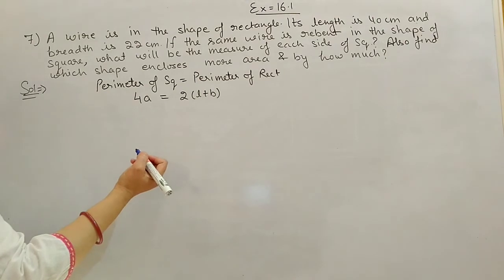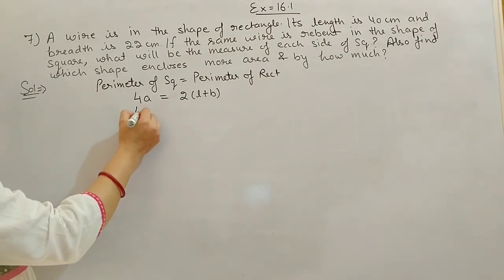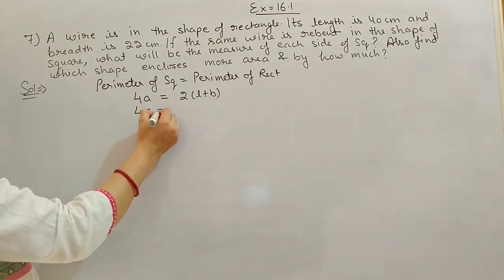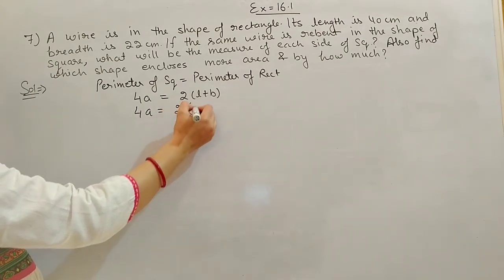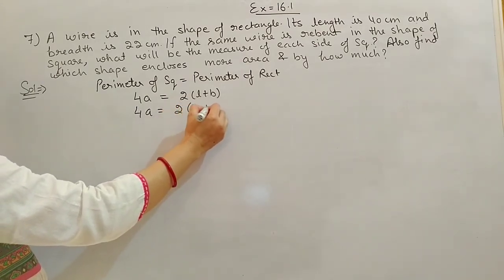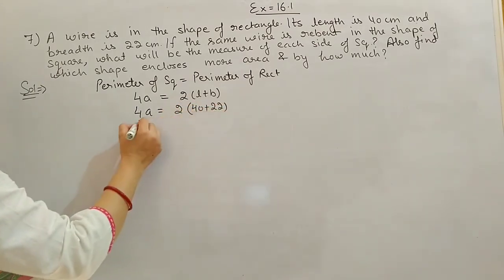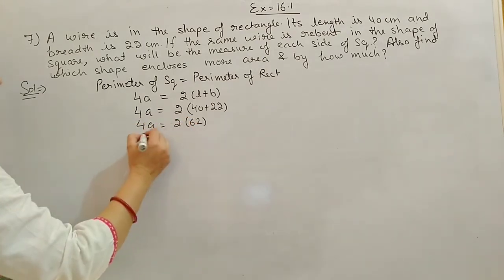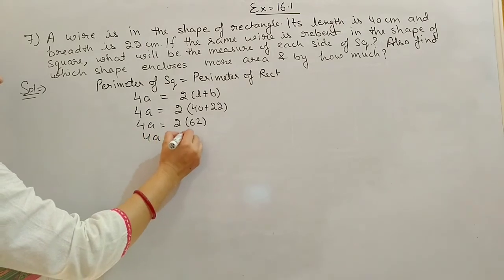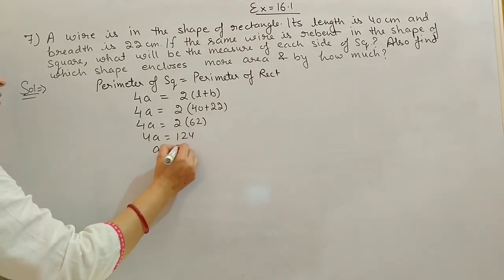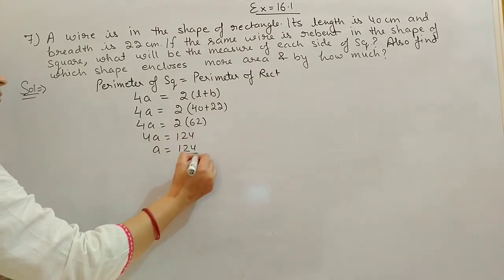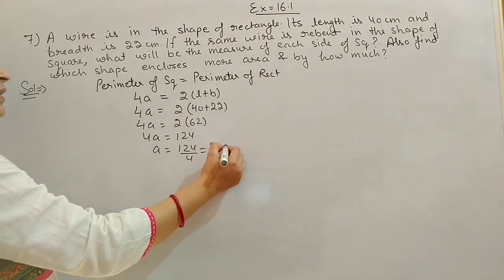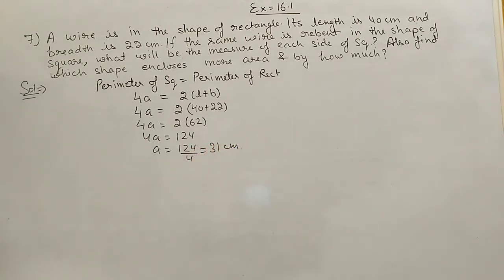We can substitute values here. One side of square we don't know, so we will keep it as it is, but length and breadth we know. Length is 40, breadth is 22. So 4a is equal to 2 into 62. 4a is equal to 124. So a is equal to 124 divided by 4, 31 centimeter. It means each side of the square is 31 centimeter.